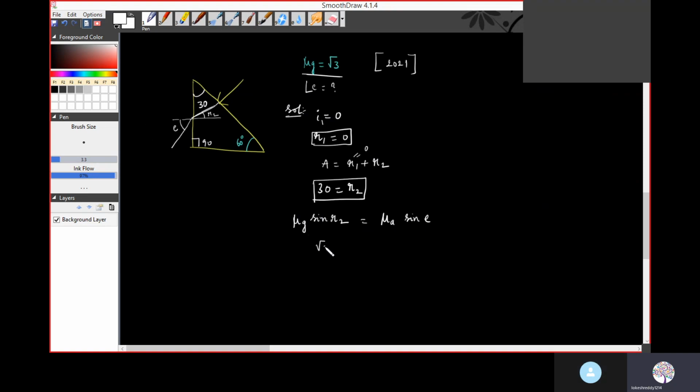So root 3 into sine 30, and sine 30 is 1 by 2, is equal to 1 times sine E. So E is equal to sine inverse of root 3 by 2, which is equal to 60 degrees. So that is our answer. The emergence angle is 60 degrees.